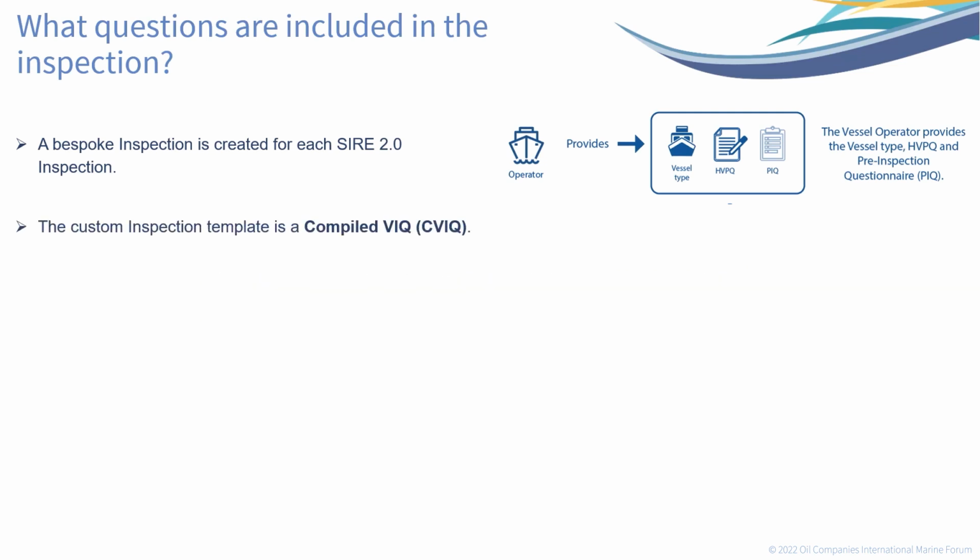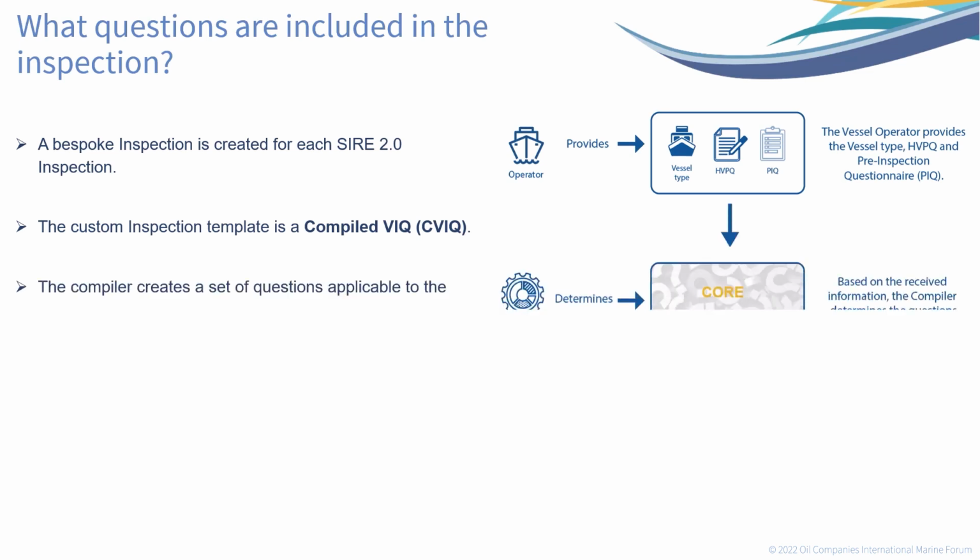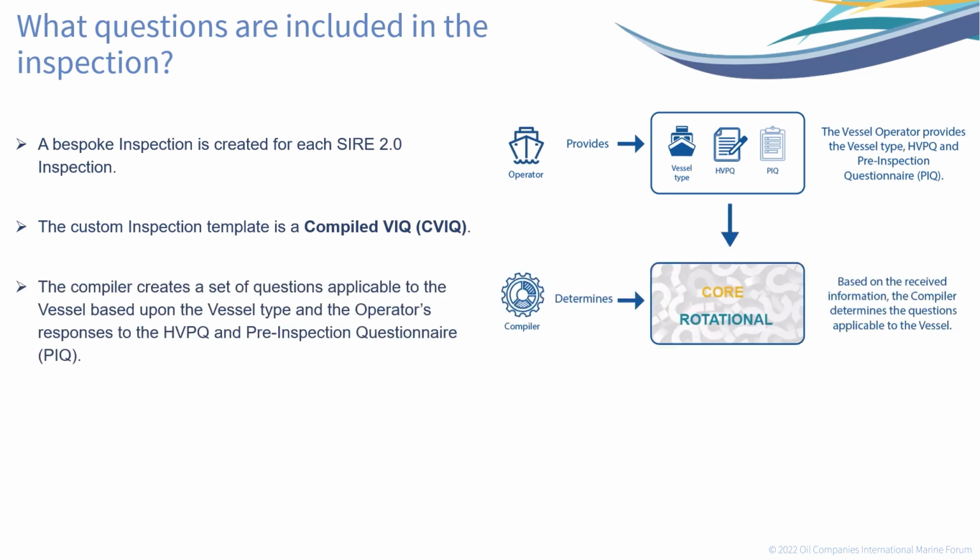Based on the information provided, the inspection compiler creates a unique ship-specific inspection questionnaire, the Compiled Vessel Inspection Questionnaire, CVIQ. The compiler assesses the vessel type and its inspection history, and then selects questions from the question library based on their risk ranking. All questions require responses on the hardware, process, and human factor elements.